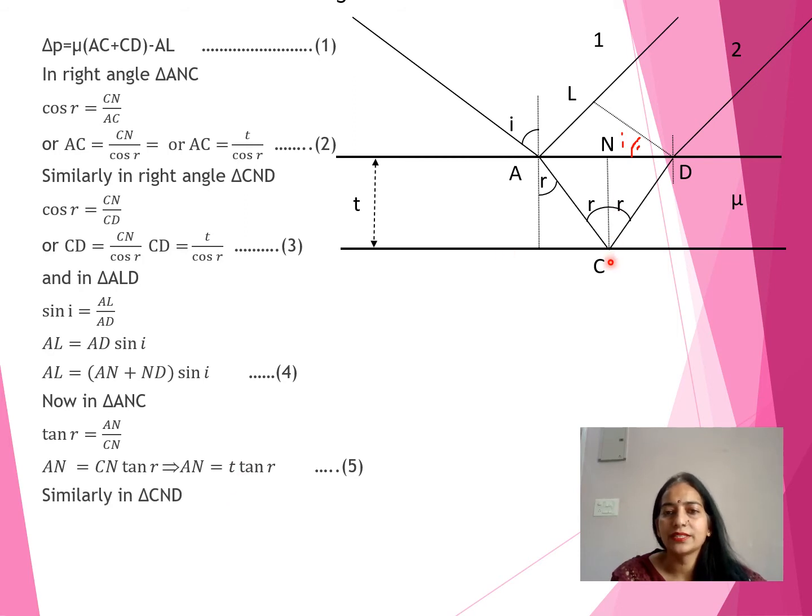Similarly in triangle CND, we again apply tan r, ND upon CN. So ND equals t tan r. So put the values of AN and ND in equation 4, then this value comes out 2t tan r sin i, and put the values of AL, CD and AC in equation 1.